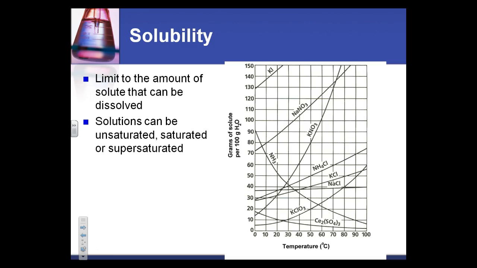You make a supersaturated solution of sugar, and then you let it cool down very, very slowly. Then you would introduce a seed crystal or something of that sort, like a string, and you put that into that solution, and all of a sudden these sugar crystals start to appear on the string. That's what happens when you disturb a supersaturated solution.